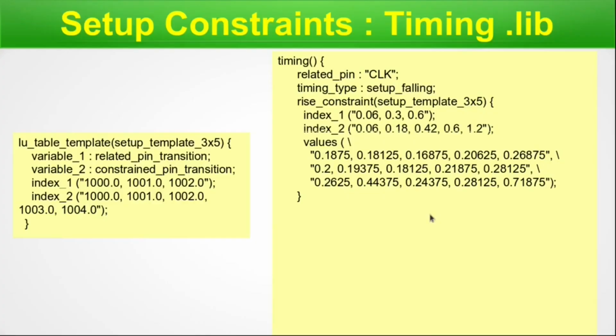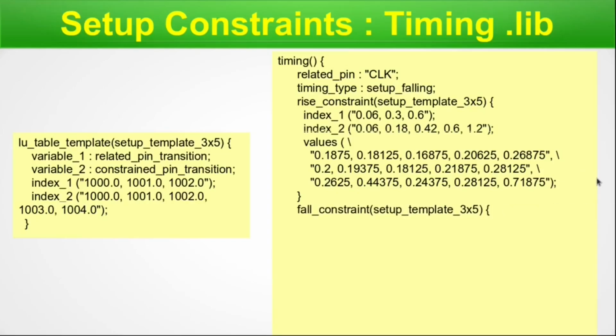Now let me tell you what this is all about. We can see the related pin transition and the constraint pin transition. So here generally we are talking about the related pin, right? The related pin is clock, and this table comes under a particular cell, and for a particular pin there will be the constraint pin.